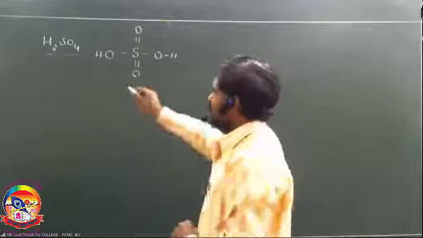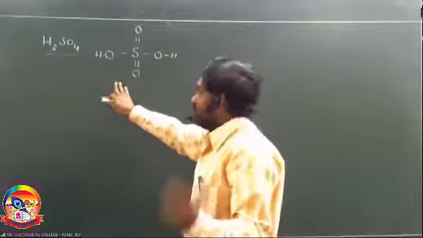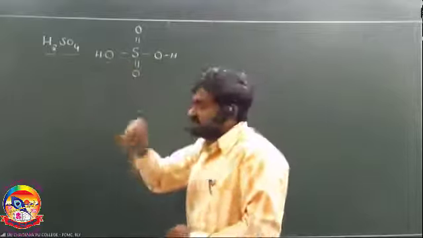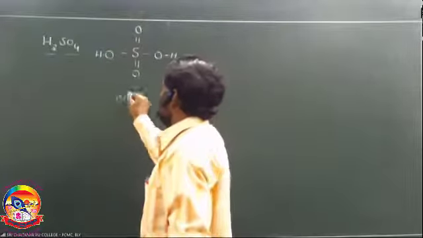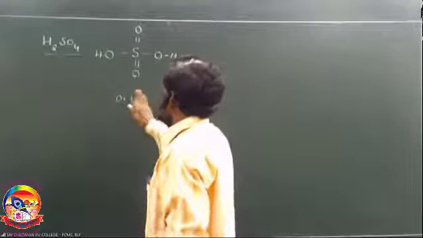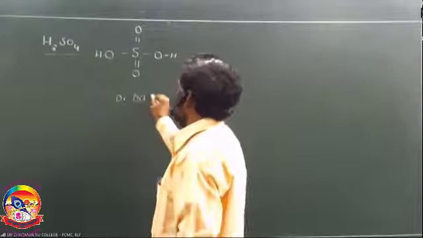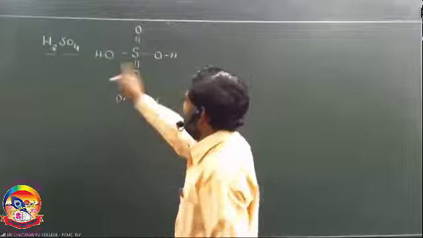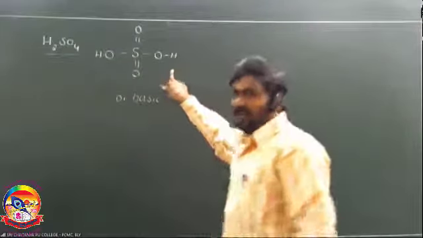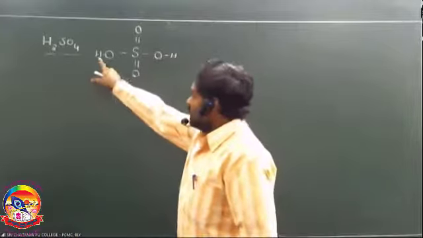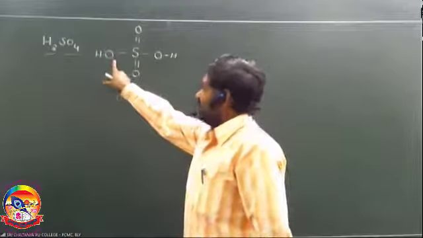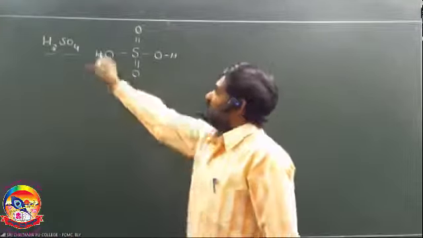We know equivalent weights are already completed. Sulfuric acid is a dibasic acid. Dibasic acid means it can donate 2 protons. So the hydrogen atoms attached with oxygen are responsible for basicity.